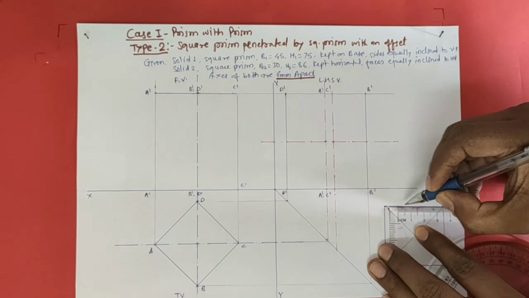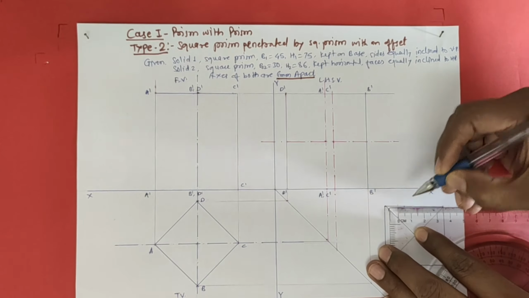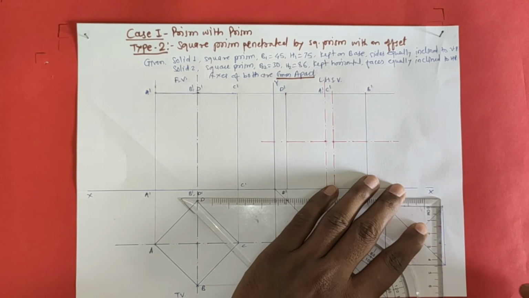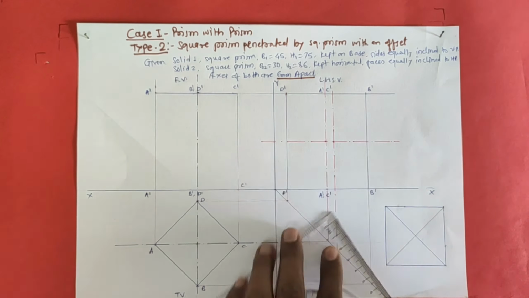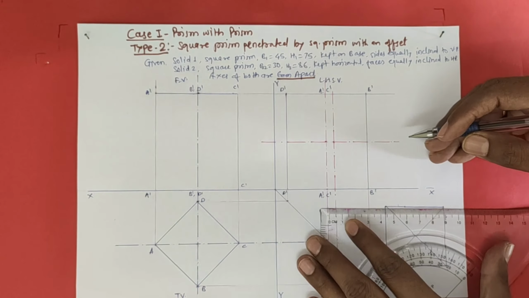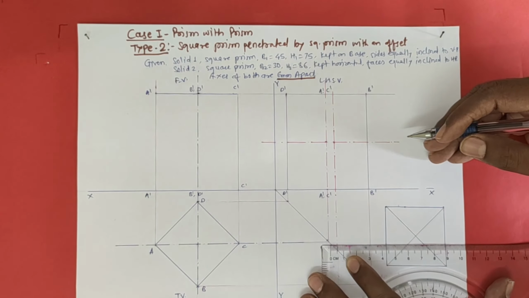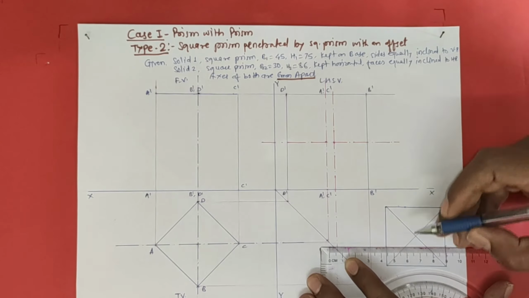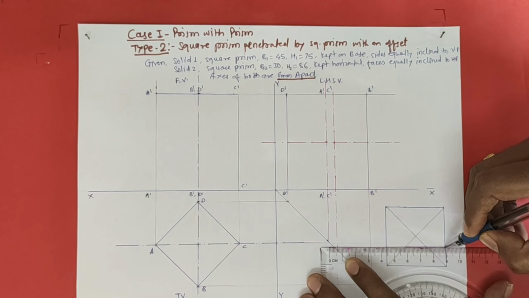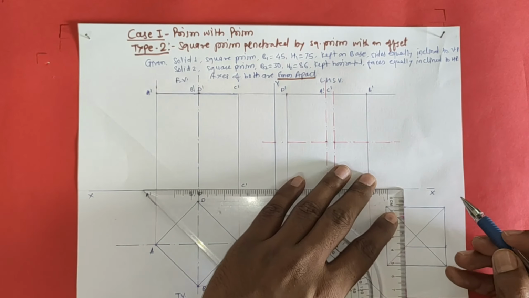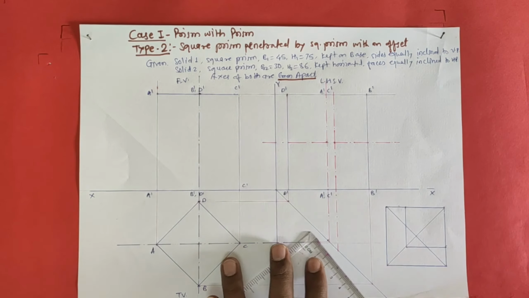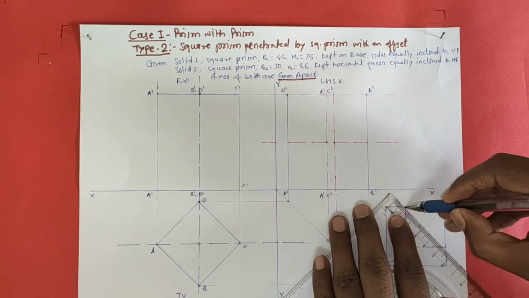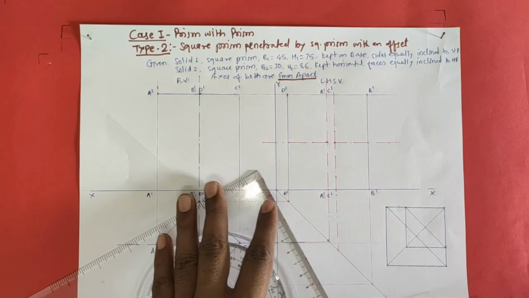So see, 30 mm comes here, and now 30 mm comes here. Okay, draw a line parallel to this and equal to 30 mm. 30 mm comes here. Okay, and I will join it. So you will get one diagonal joined already, and I will draw second diagonal line.